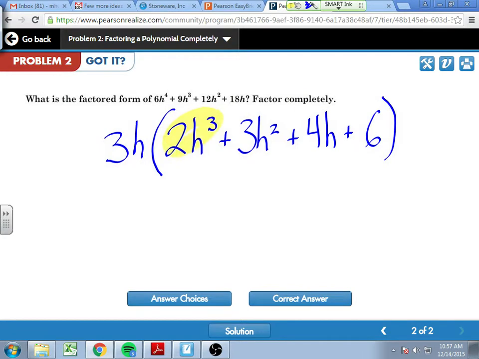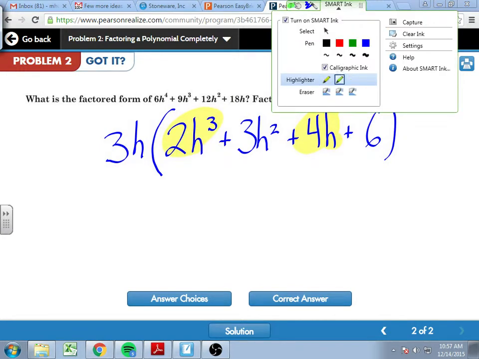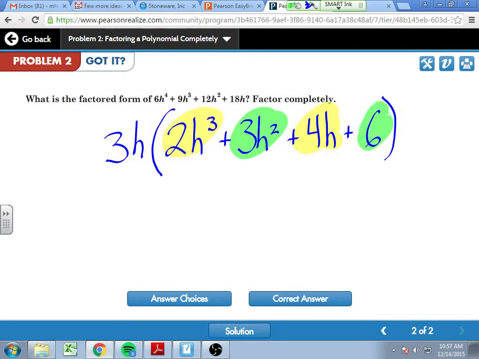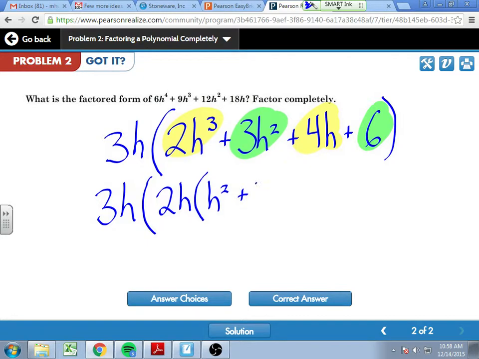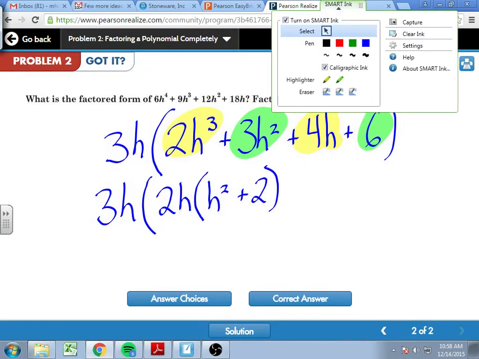Yeah, it'll let us group a little nicer if I do my 2h cubed with my 4h and my 3h squared with my 6. So my yellow terms, what was my common factor between 2h cubed and 4h? 2h times, now this just becomes h squared plus 2. That was my yellow.